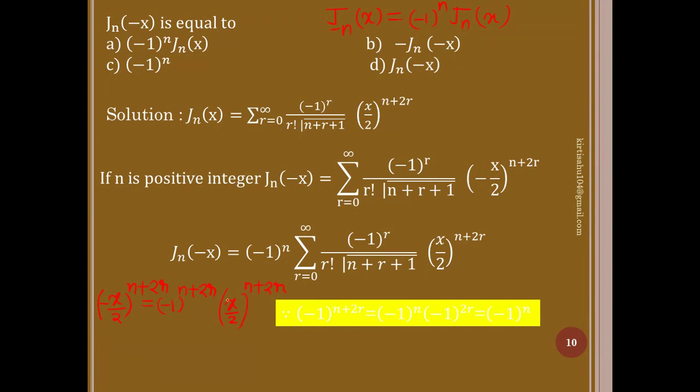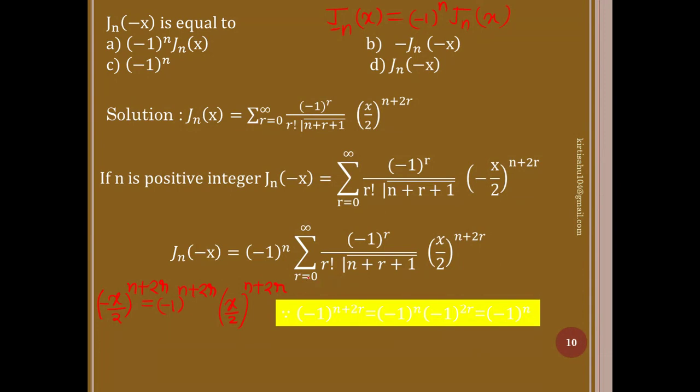Now what is the value of minus 1 raised to power n plus 2r? By the law of indices, this is minus 1 raised to n into minus 1 raised to power 2r. Now r takes the value 0, so 2r will be 0, and r takes the value 1, 2r will be 2.